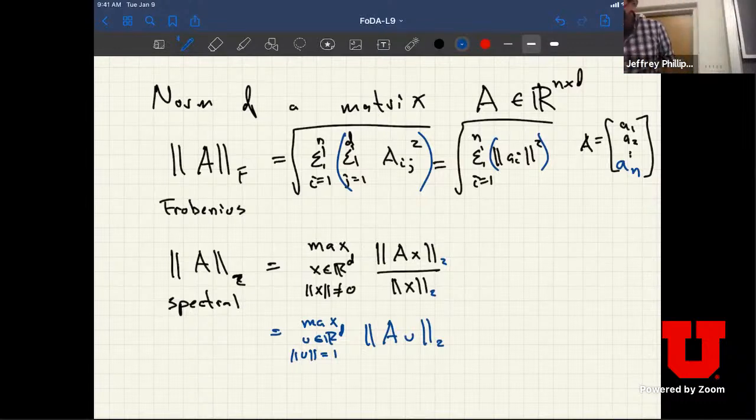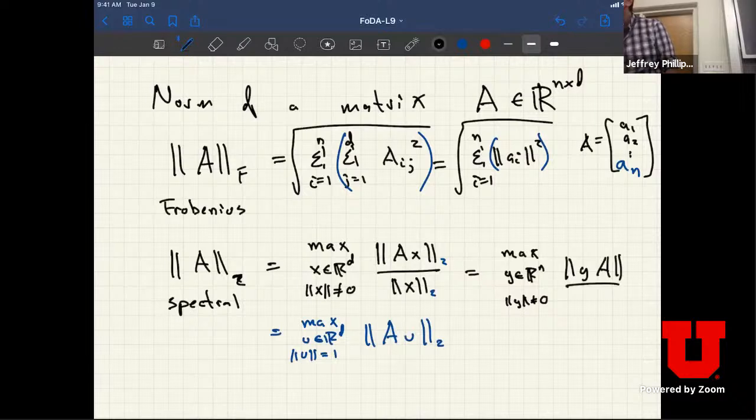It's also true that you can write this as the max over y in R^n, where y is not equal to 0, and then I can write this as left multiplying by this. I can left multiply, and it's going to give the same answer if I do it this way as well. So it's not so important that I right multiply versus left multiply.